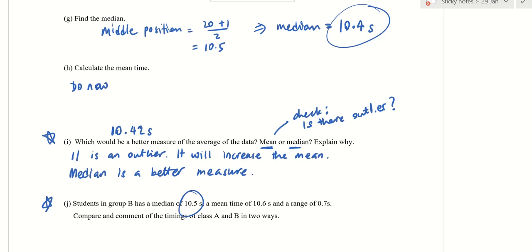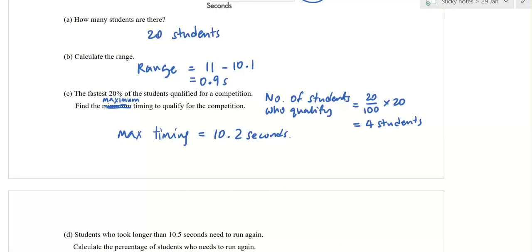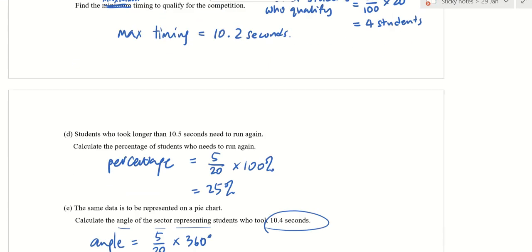Then we also have mean time 10.6 seconds versus our 10.42, but we already know that 10.42, this value is not a good representation because there was an outlier. So we shouldn't be considering the mean. And then we also have a range for group B, 0.7 seconds. In this case, we had a range for group A, 0.9 seconds.